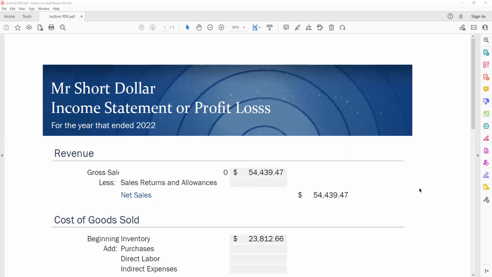A couple quick things to know about it. The first thing is that it lists the actual revenue and expenses for a particular business over a certain period of time. When this reporting form comes out, it can be over a month, a week, a quarter, or a year. Customarily, you get an income statement reported on a monthly or yearly basis.